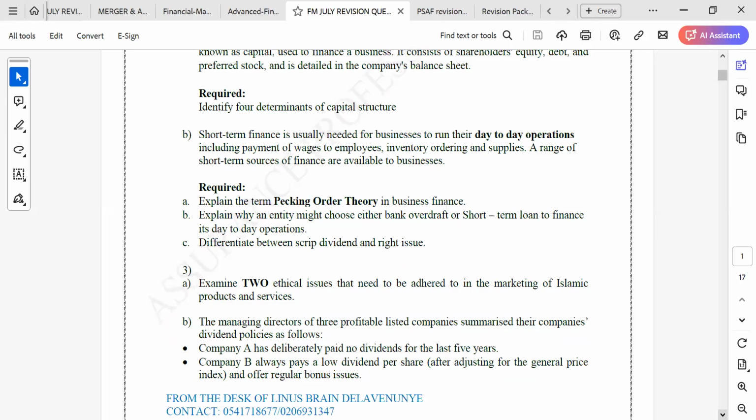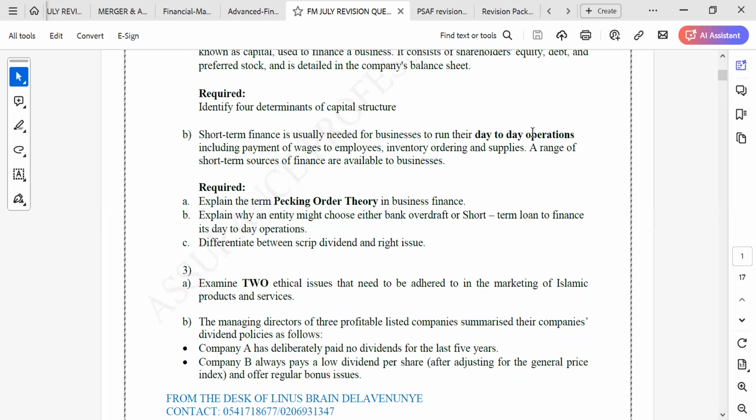Scrip dividends and right issue. Yes, Senior Manuel. The scrip dividend is the payment of dividend in the form of new shares. So instead of paying cash to shareholders, we rather give them shares as their dividend.